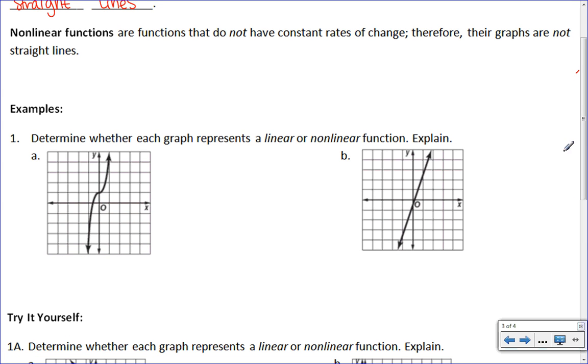So for example 1, determine whether each graph represents a linear or non-linear function. Explain. Well, for the first one, we look at this graph and we see that it curves right in the middle. This is not a straight line, so we would say that it is non-linear.